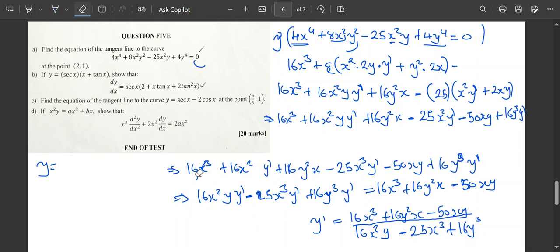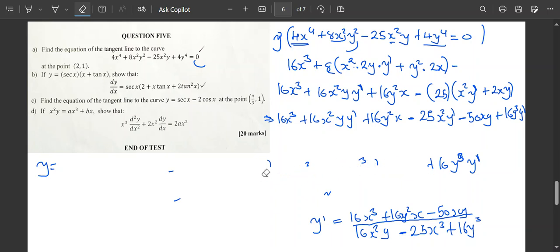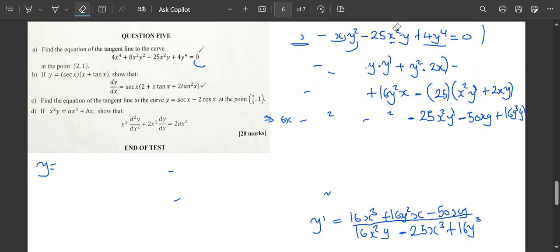Okay. In this expression, we are substituting everything in the expression.